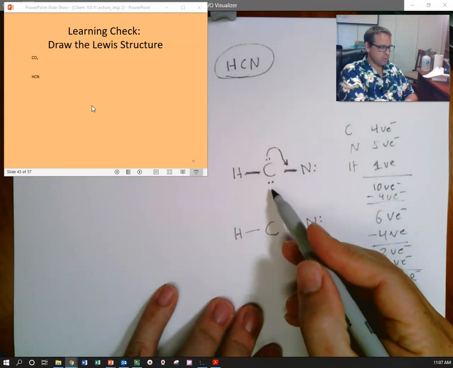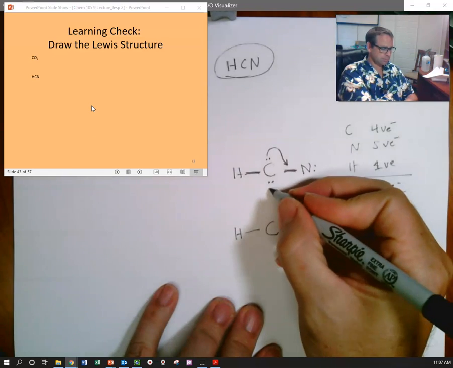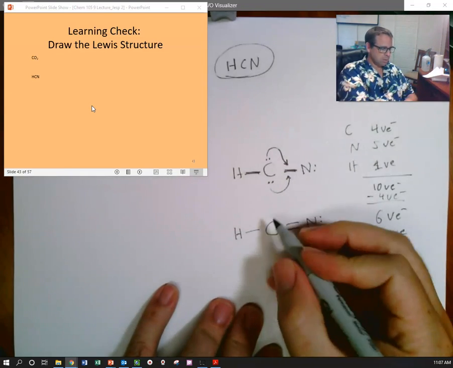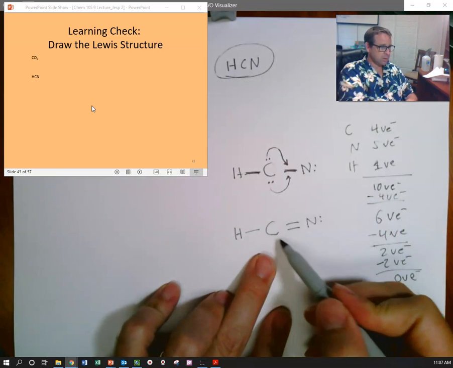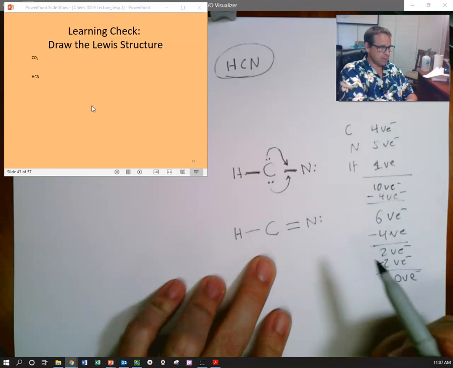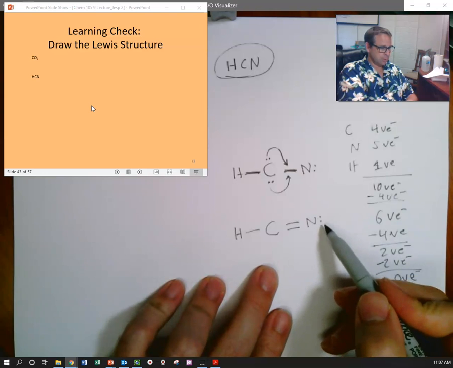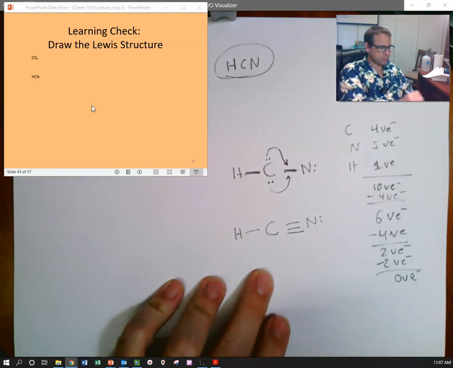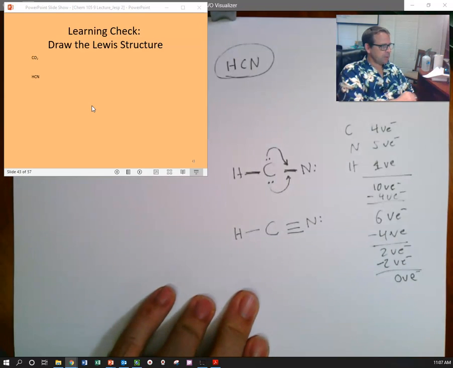How did you know to do the same thing with the other two? How did we know? Because here, we still don't have enough electron density for the nitrogen, do we? No. 1, 2, 3, 4, 5, 6. So we need these other two to come in and form another bond. Okay, very good.